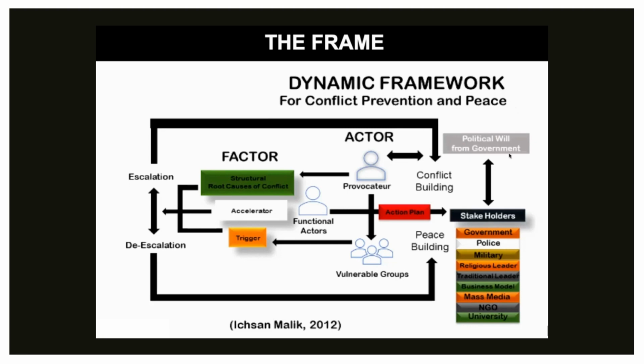Also, sometimes conflict starts with the political will from the government. The government sometimes we call pro-conflict, not pro resolution of conflict. But the government sometimes becomes part of the problem, not part of the solution.